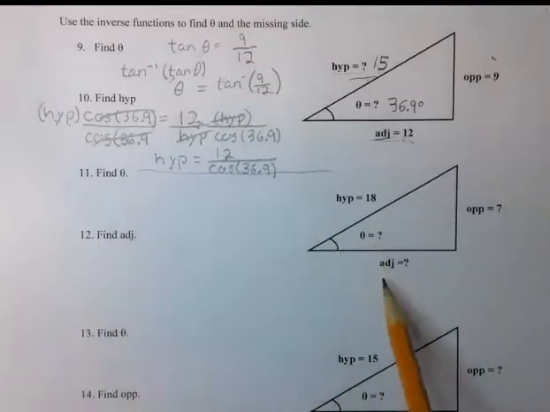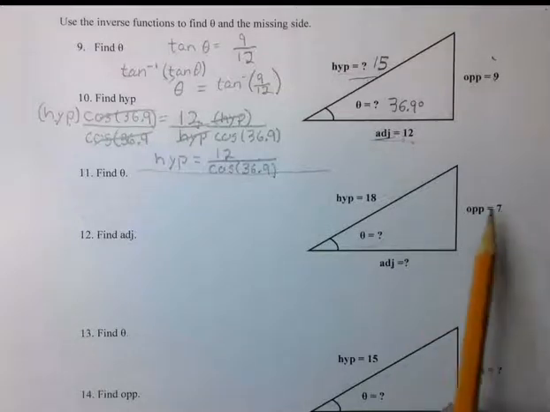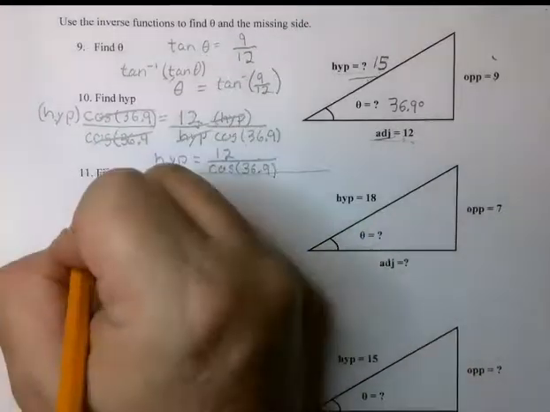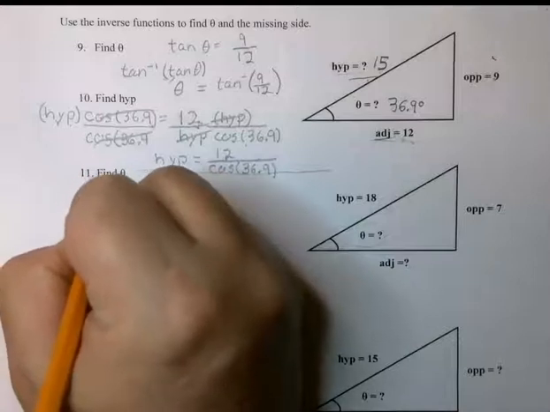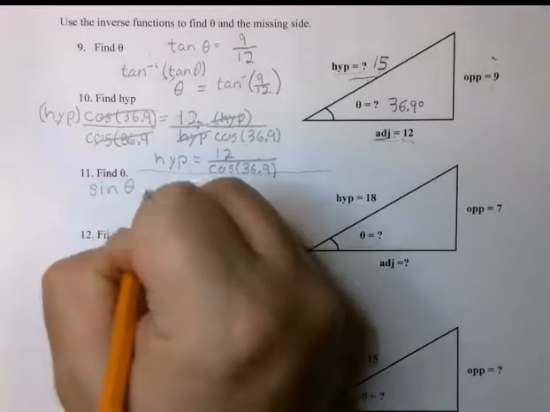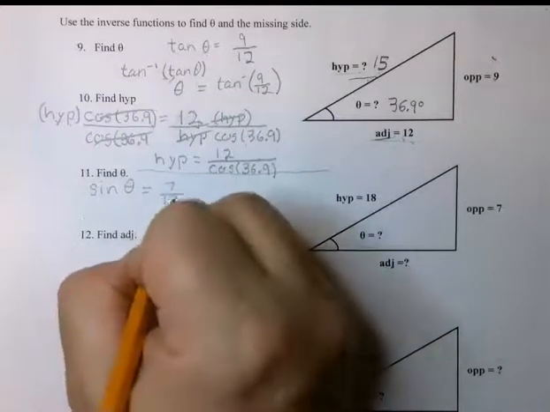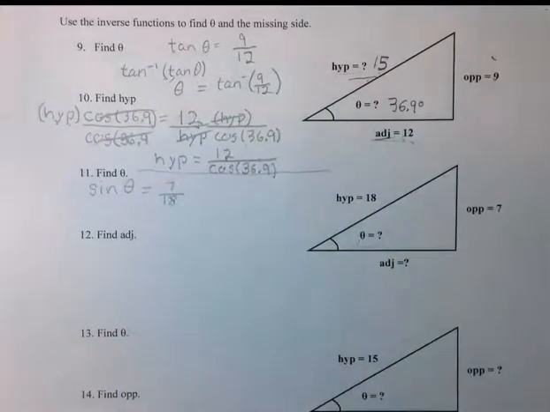All right, so we need to find this. And we're given two sides, the opposite and the hypotenuse. So opposite over hypotenuse is sine. So the sine of whatever that angle is, is 7 over 18.